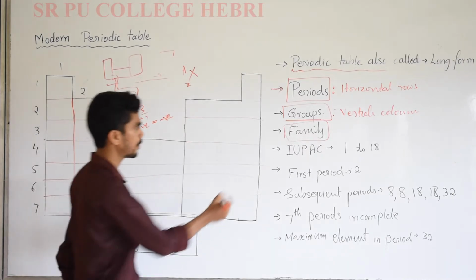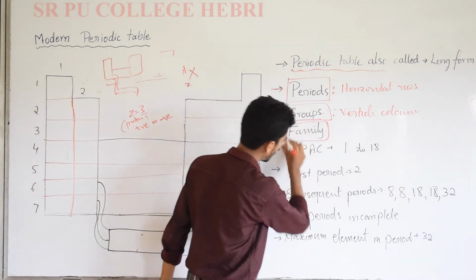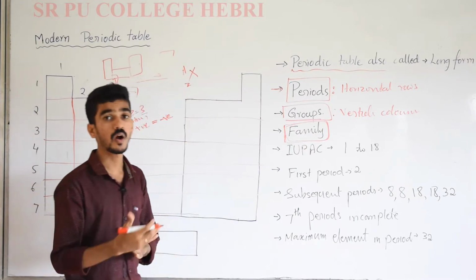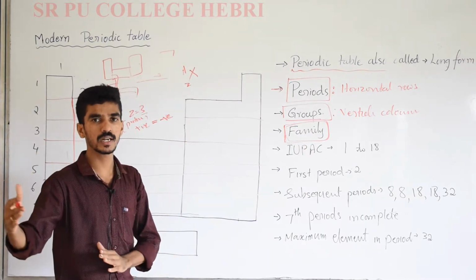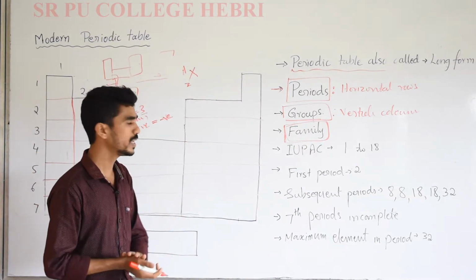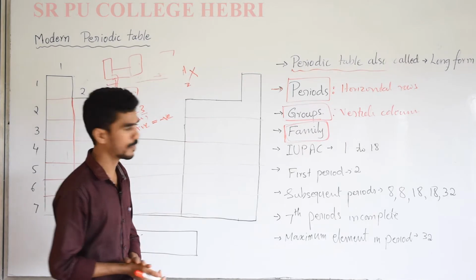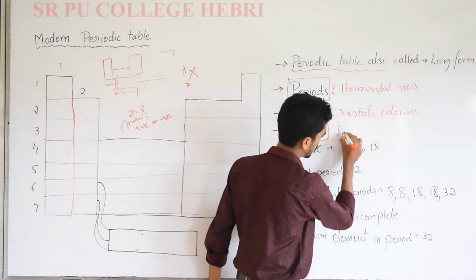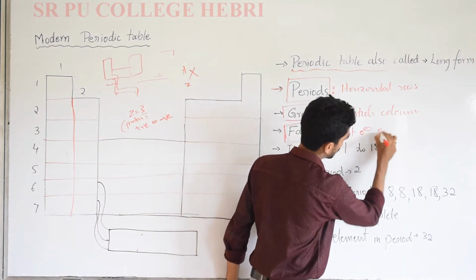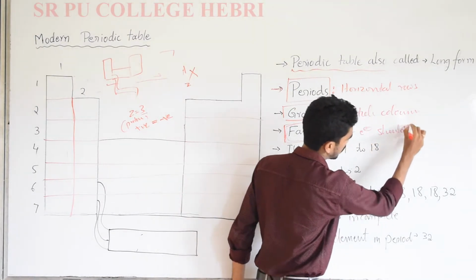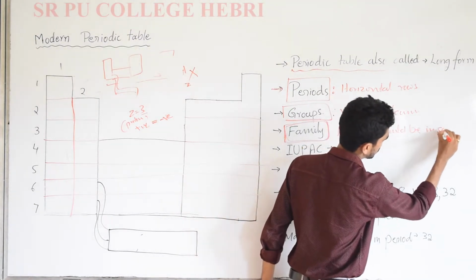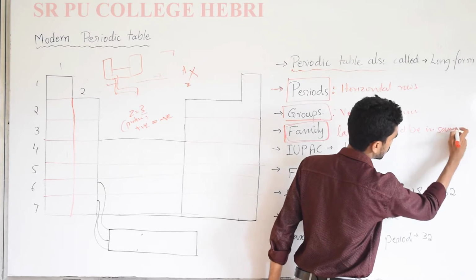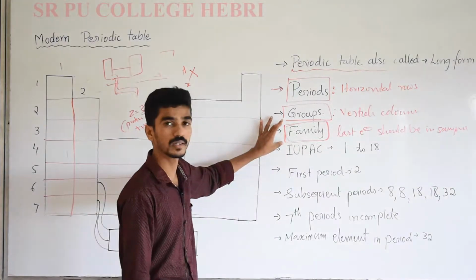So why should we call it a family? The outermost electron, the last electron, should be in the same orbital; those elements are considered a family.